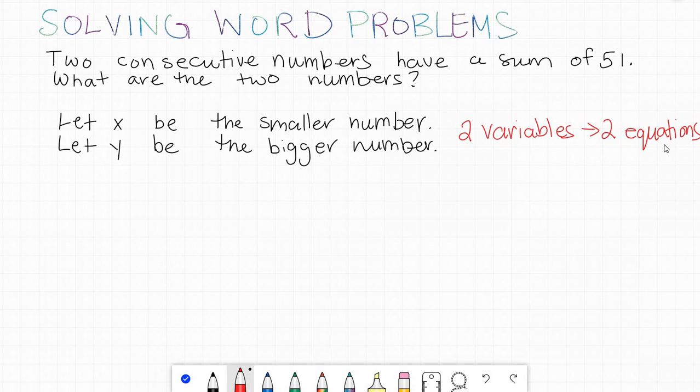Usually what I like to do is think about equations as coming from different pieces of information in the problem. So what information have I been given about these two numbers? Well, first of all, I've been told that they have a sum of 51.